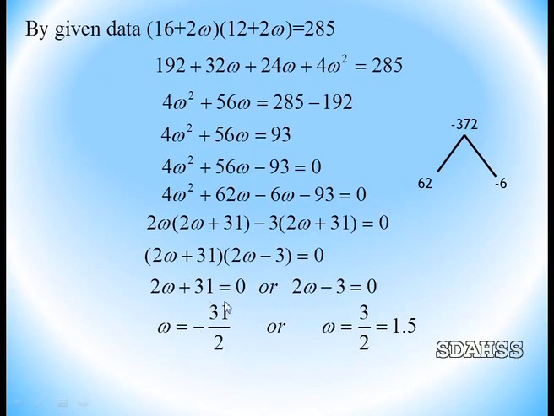The negative value cannot be possible, because width cannot be negative, so this is not possible. Therefore the width of the pathway is 1.5 meters.